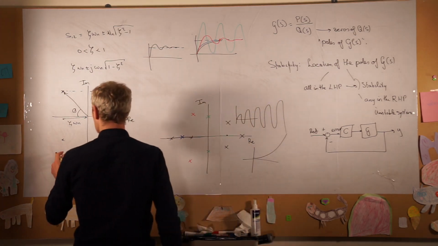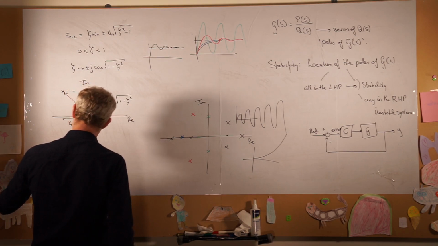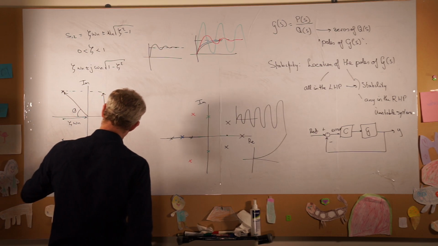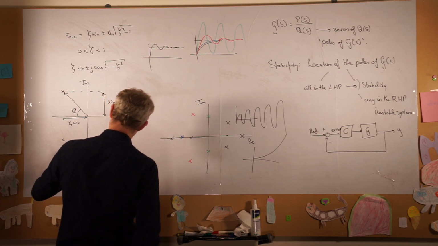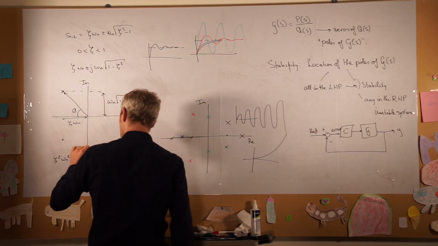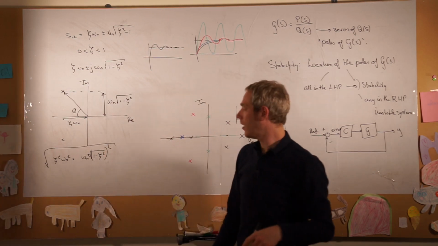Well, let's write it out. The length is the square root of zeta squared omega n squared plus omega n squared times the square root of 1 minus zeta squared, squared.